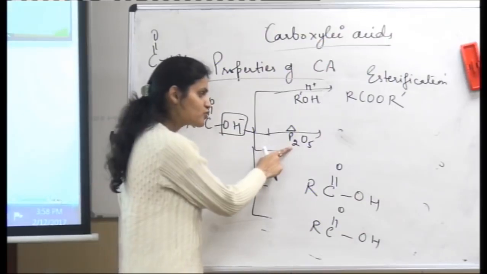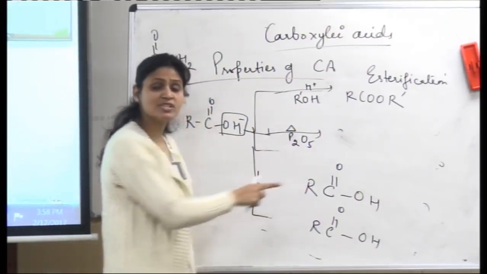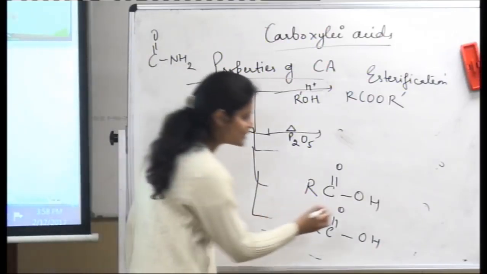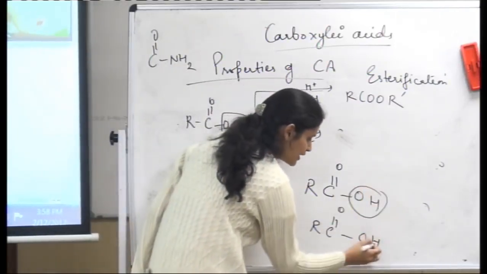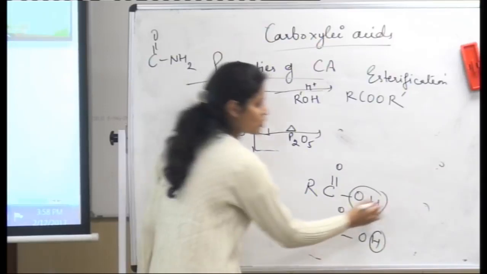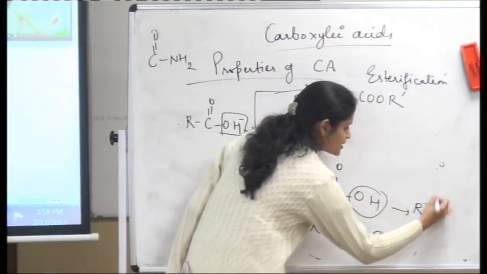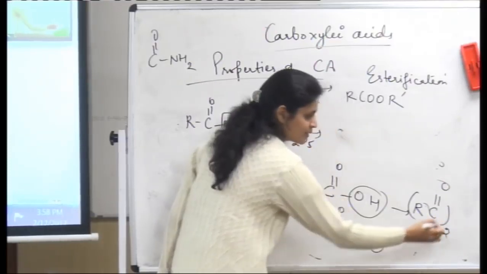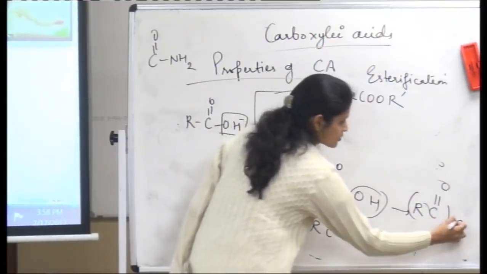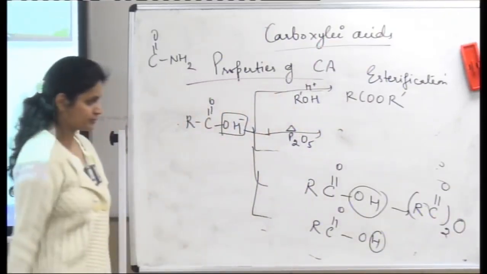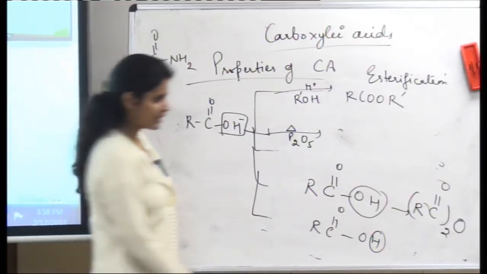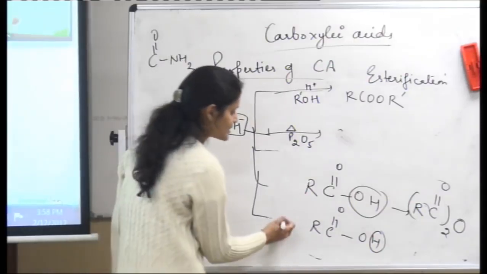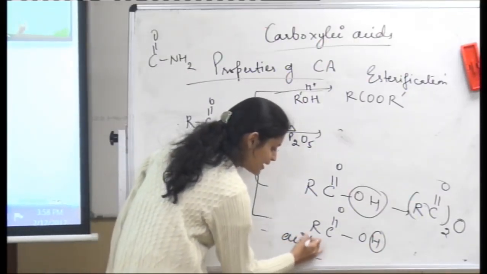I know phosphorus pentaoxide is used as a dehydrating agent, that means it will remove a water molecule, that is this OH and this H. So I'll be left with RCO, and this is the same, so I'll write RCO twice with an oxygen. Right? (RCO)2O. This is known as the acid anhydride.